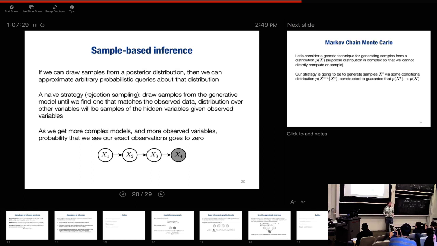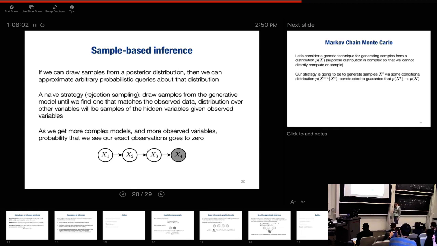So everything seems good. What's the problem with this actually? Yeah. If the probability of the observed variable is really small, you're going to get no samples. Exactly. So say I observe x4 equals 0, and however this model is set up, the actual probability of x4 equals 0, computed this way, is 10 to the negative 8.